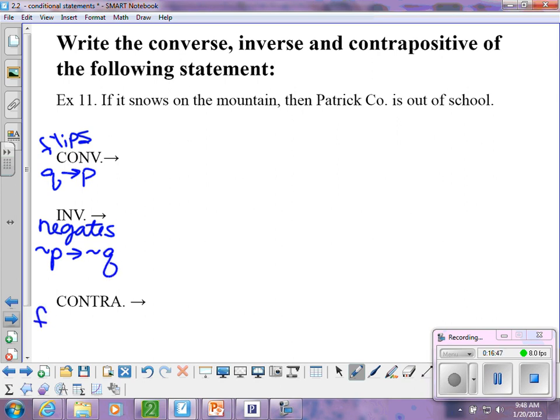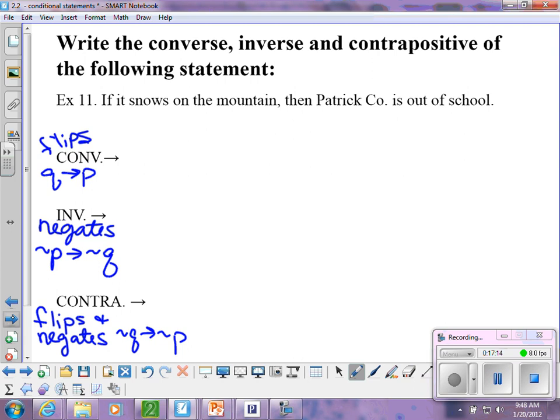Yep, flips and negates, which makes it not Q implies not P. If you write those for yourself the first few times, and you keep writing them the first few times, it'll really help you remember it faster, okay? Converse flips, inverse negates, contrapositive flips and negates, all right?